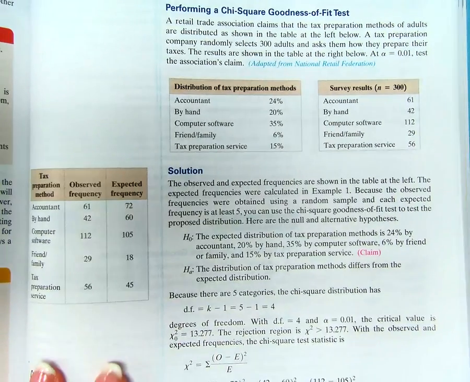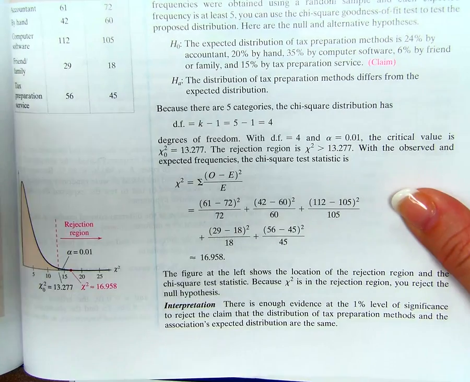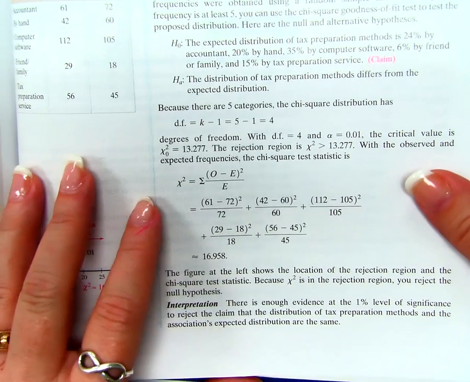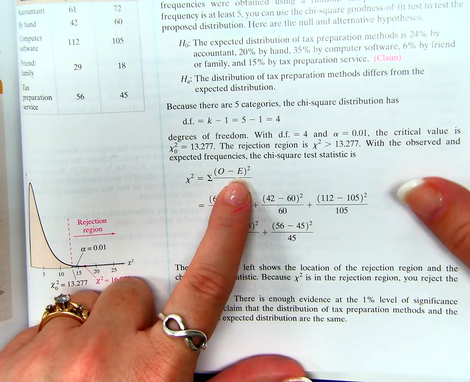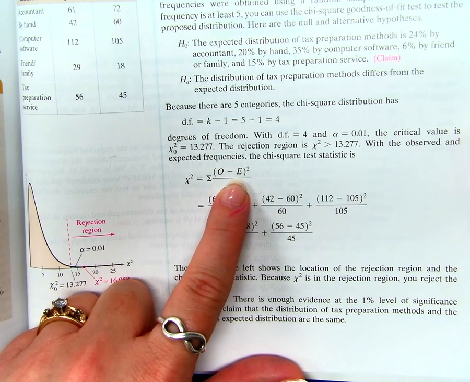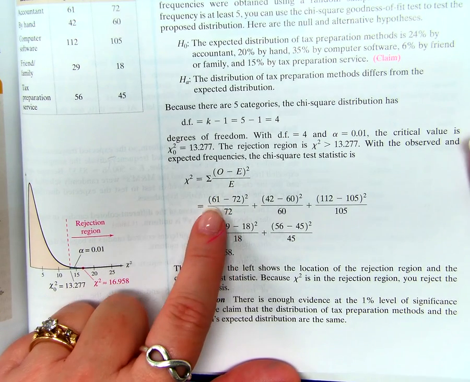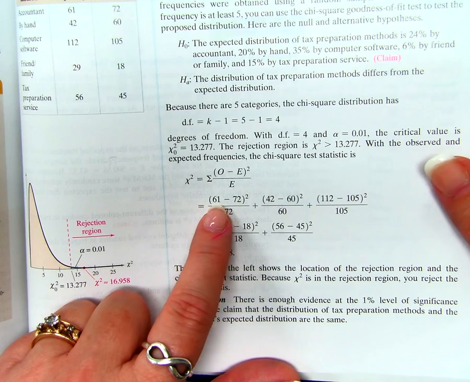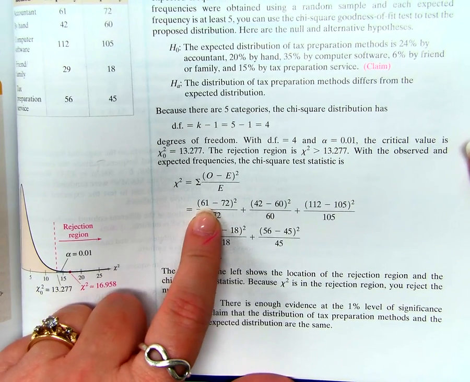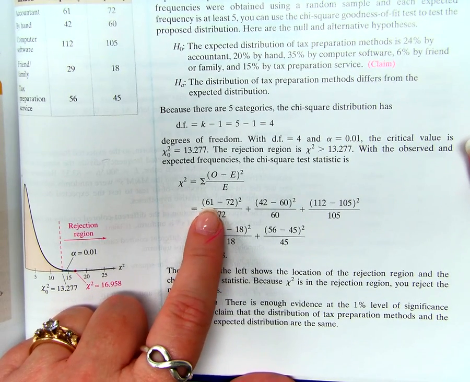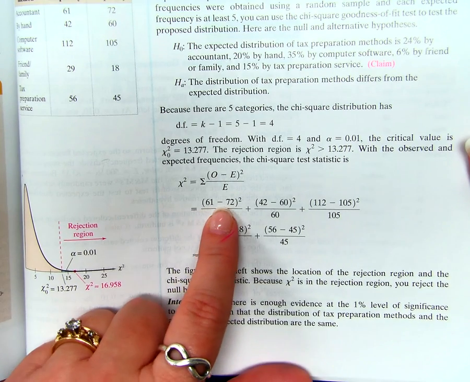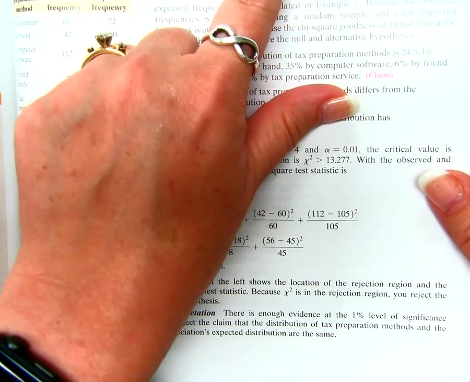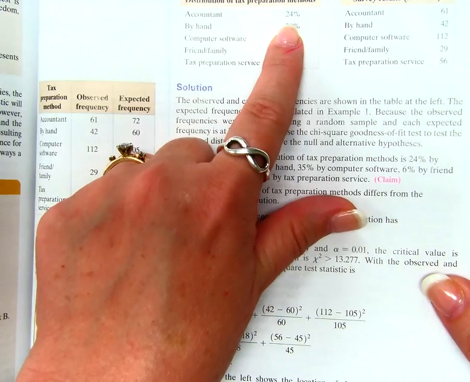Okay? So, if we are using the formula, which I just showed you on the opposite page, we are taking each of the observed and subtracting the expected, which means we have to find the expected, don't we? Okay? So, in this case, the 61 is by accountant. So the observed was 61. 61 people said they did it out of the 300, minus the 72, which was 24% of the 300.